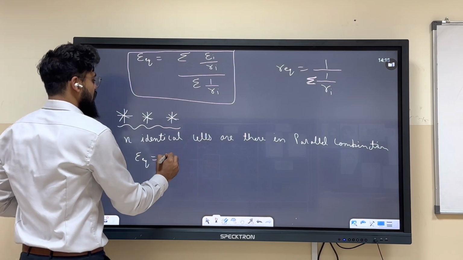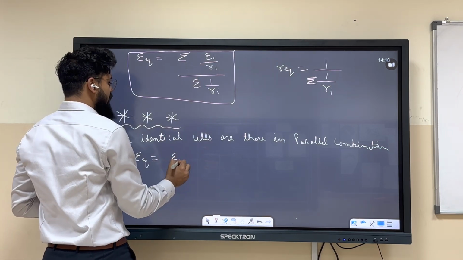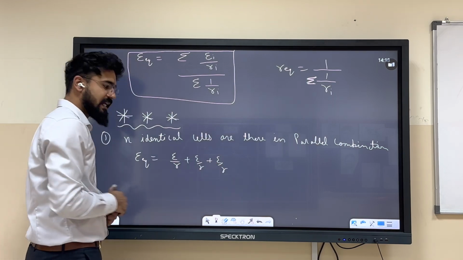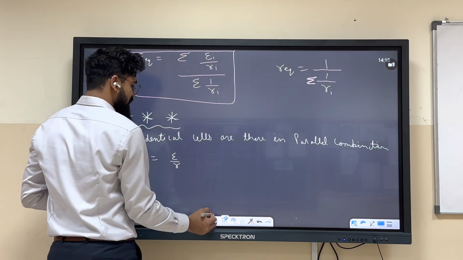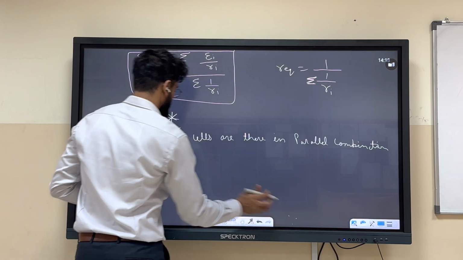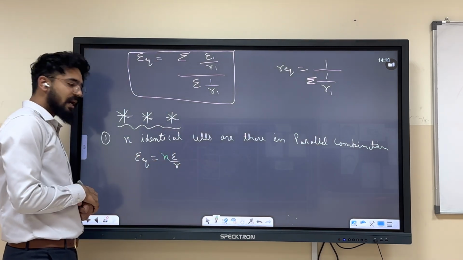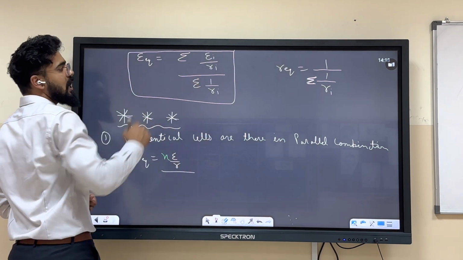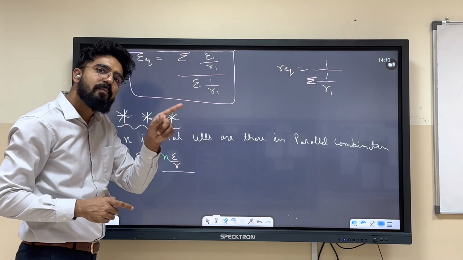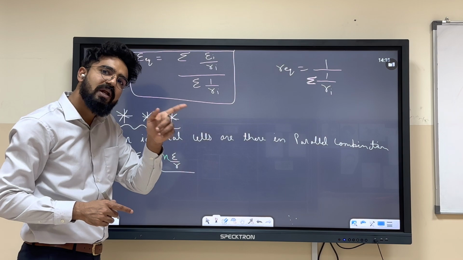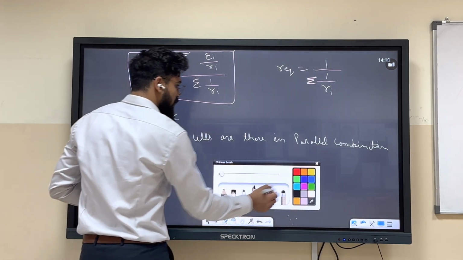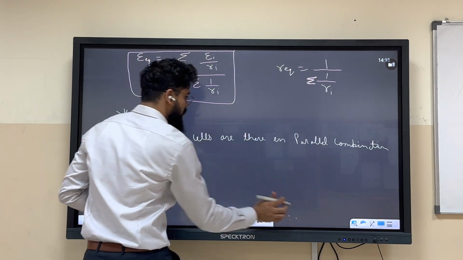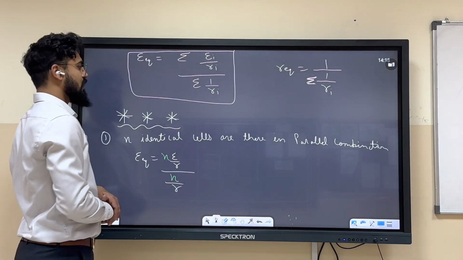So can we write E by R plus E by R plus E by R, how many times? N times. So instead of writing this, can we write just N times E by R, divided by 1 upon R plus 1 upon R plus 1 upon R, can we write N by R? Say it, can we write N by R?